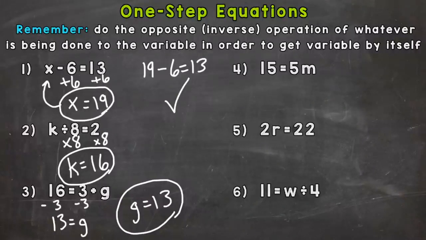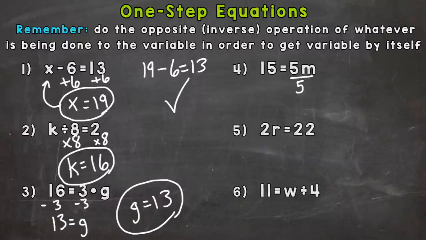Number 4, we have 15 equals 5m. Now a number right next to a variable or a letter means multiplication. So we're multiplying by 5 here. So the opposite of multiplying by 5 would be dividing by 5. That would give us our m by itself. And I put it in fractional form, and fractions are division here.